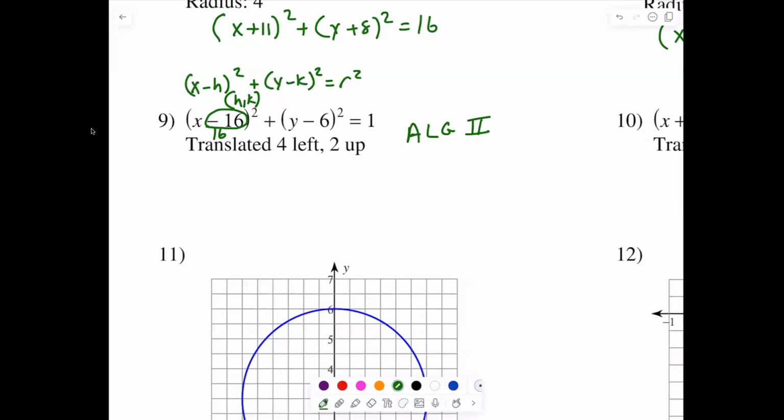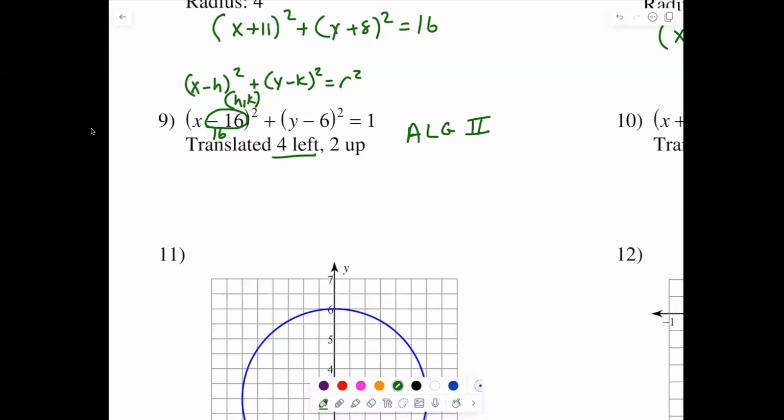Do we agree? You have to understand that when you're moving something to the right, inside the parentheses it's always the opposite direction. So if I want to translate something to the left 4, that means in the equation I'm going to have to add 4.